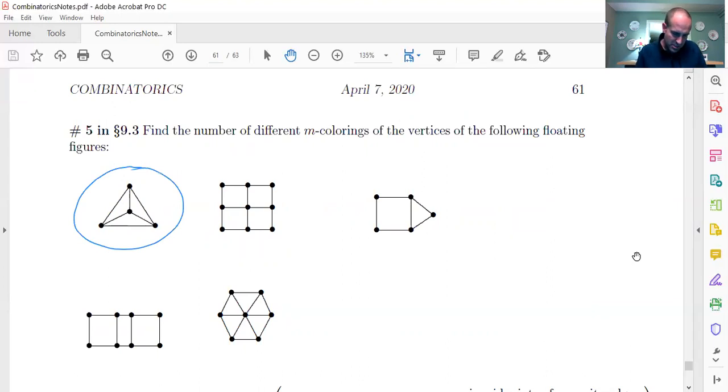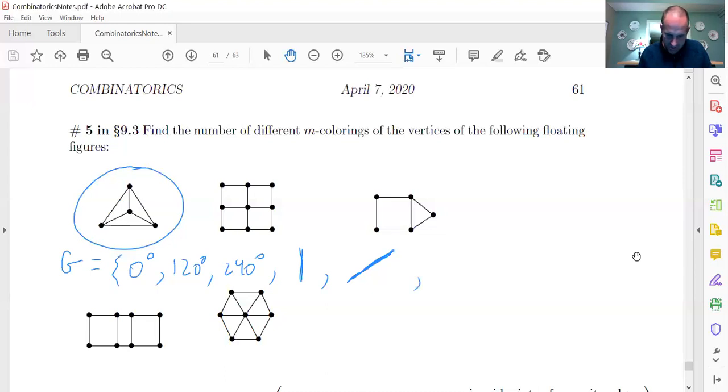What's our G going to be? Well, the do nothing operation, 0 degree rotation, 120 degree rotation, 240 degree rotation. And then I'm going to have a few reflections as well. If I reflect in the vertical axis, that's one. If I reflect in this axis, that's another.